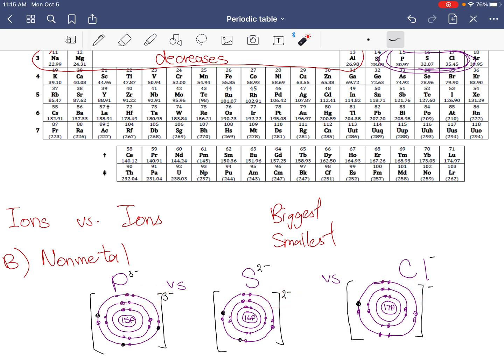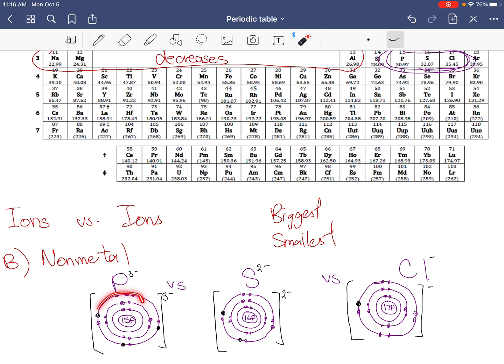So if you think about it, let's take a look at phosphorus. You have 15 pluses attracting 18 minuses. Man, that's a whole lot of excess minuses. There's going to be a whole lot of electron repulsion happening in here, and not enough protons to really attract them. So the 3 excess electrons are going to repel each other a whole lot more than 2 excess versus 1 excess.